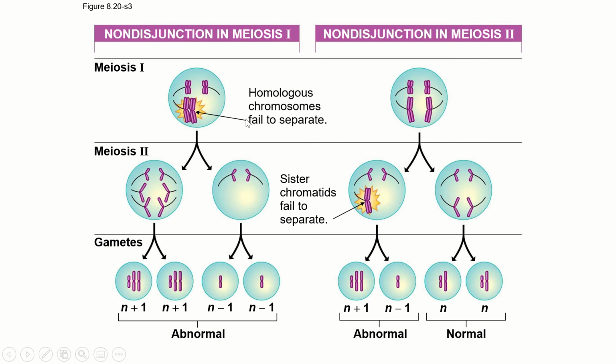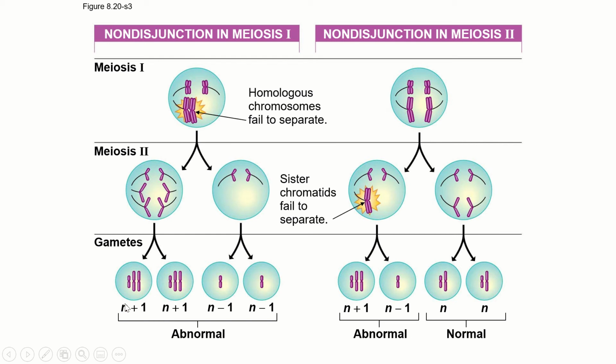So here's an example of nondisjunction where the homologous pair failed to separate. So one pair separated and the other pair didn't, so we end up in meiosis 2 with one cell that has 3 pairs of chromosomes and one cell that only has 1.